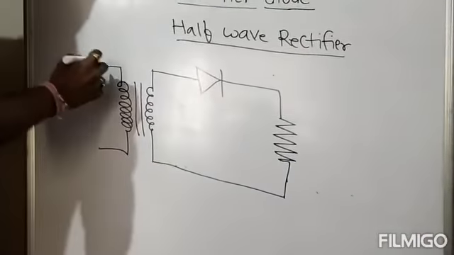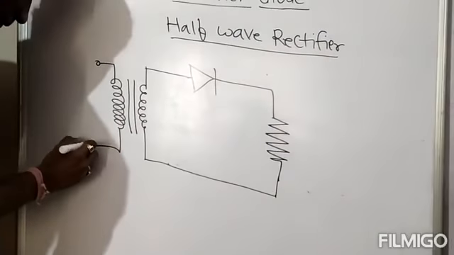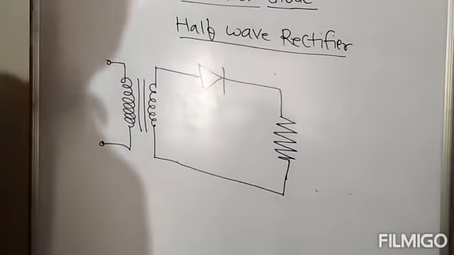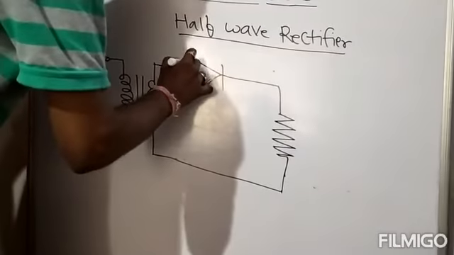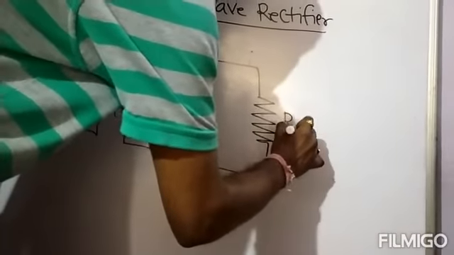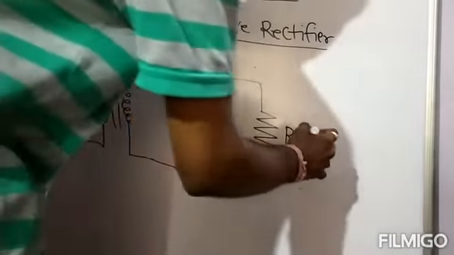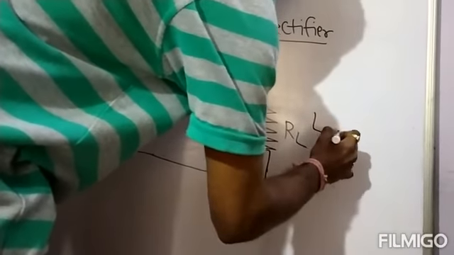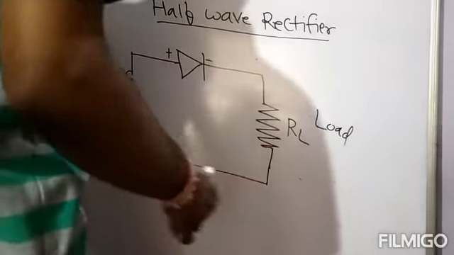This is a simple circuit of a half wave rectifier. This is a diode, a rectifier diode. This is the load resistance. Here we can connect any load, like a bulb, anything you want to connect.